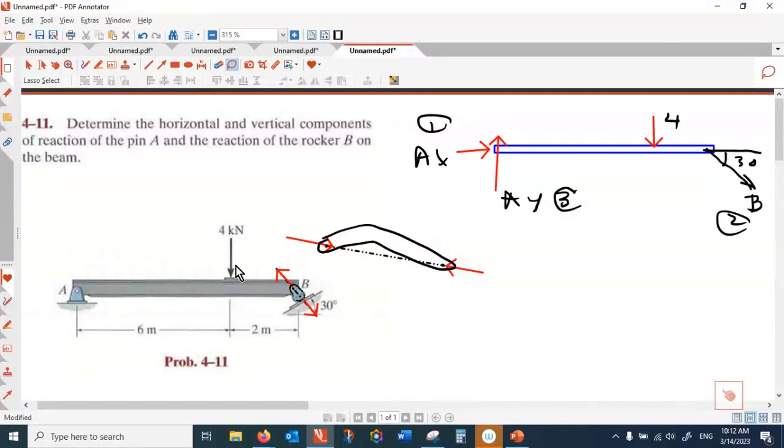From that free body diagram, all you know is the reaction of B. You know the direction, you don't know the magnitude. So that piece of knowledge, you bring to this free body diagram. You say, okay, instead of putting two forces, I only put the magnitude, since I know what the direction is. And that makes the problem solvable. Otherwise, it's not solvable.